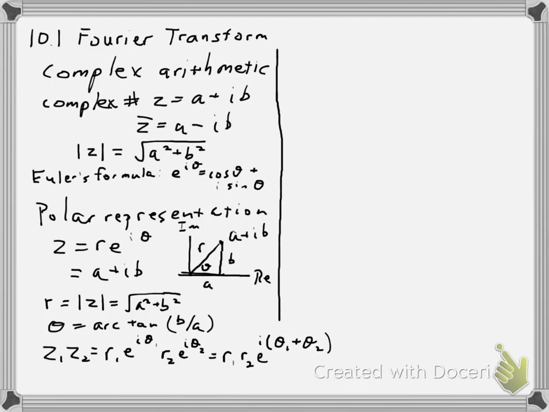And if we had points in the complex plane on the unit circle, which would mean r1 and r2 equal to 1, when we multiply these two points, it's a matter of just adding up the angles they make with the positive real axis, and moving the point accordingly on the unit circle by the angle theta 1 plus theta 2.